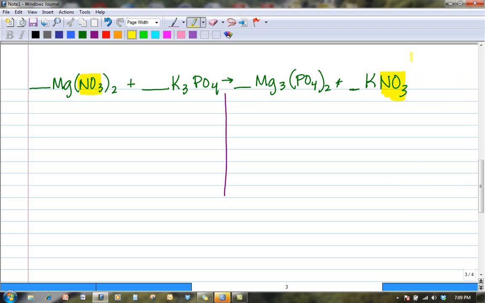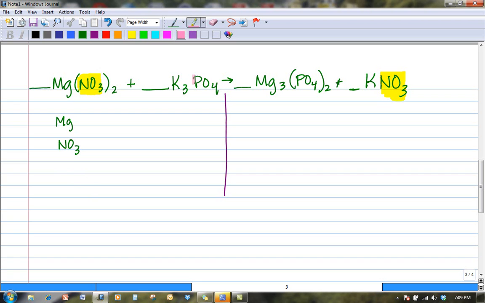So instead of writing my elements as magnesium, nitrogen, oxygen, and so on, I'm going to keep my nitrate together and treat it as if it was a single element. And take a look.